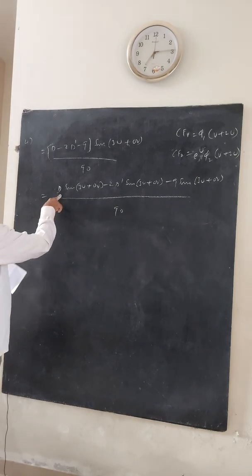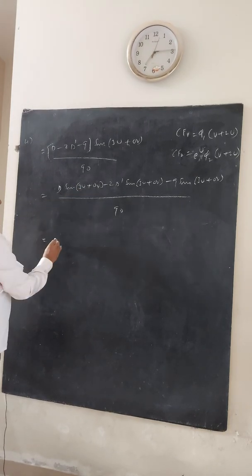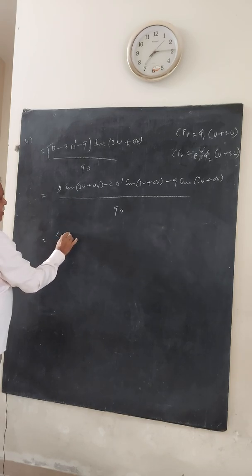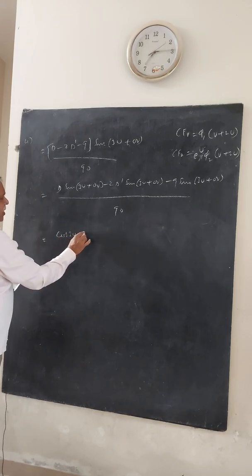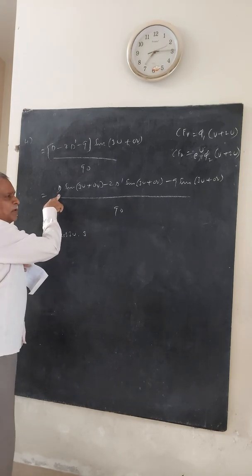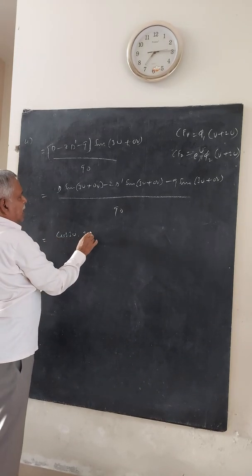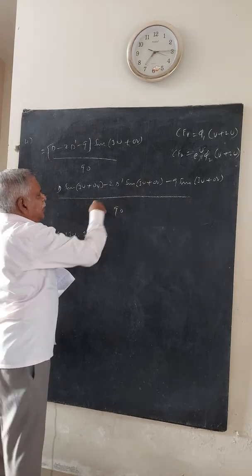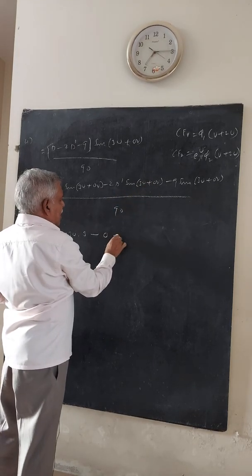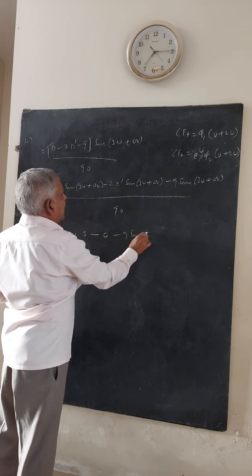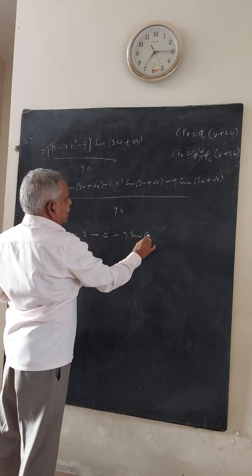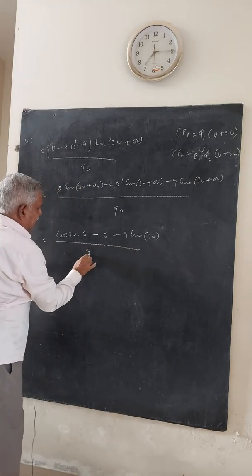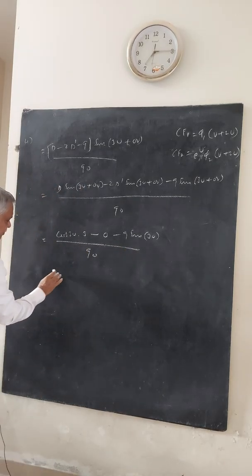Differentiation of D means with respect to u only. Therefore 0 is a constant: cos 3u into 3 by the chain rule. D means differentiating with respect to u only. Minus, here v is 0; if you differentiate v, it is 0. Minus 9 sine 3u only, by 90.